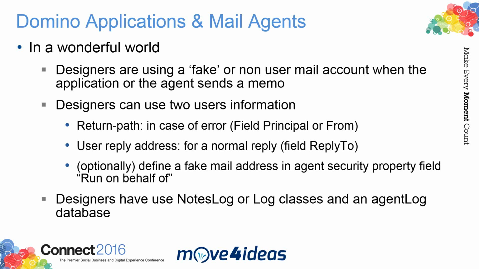In case of error, for example, if you send a mail, it will automatically use the field Principal or From. You can also use, for a user reply address, for a normal reply from a user, the field ReplyTo. Another way around is to use the run on behalf of on an agent.